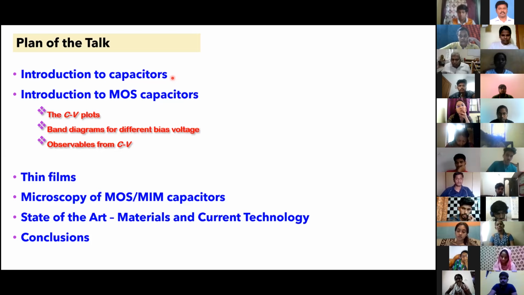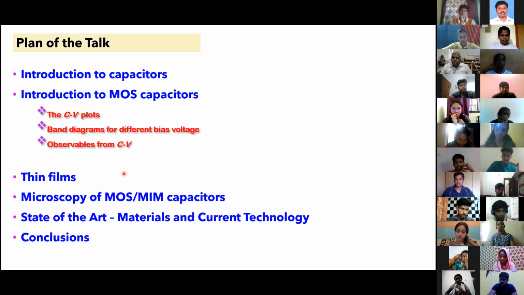And later on I'll move to the MOS structure, which is also similar to that regular capacitor with a slight difference. Okay. So their complete phenomena depends on many other different factors that we will see one by one. And all these MOS capacitors are built on the basis of thin films.